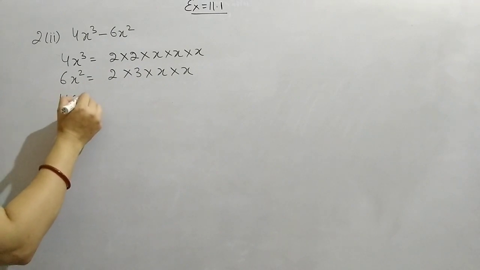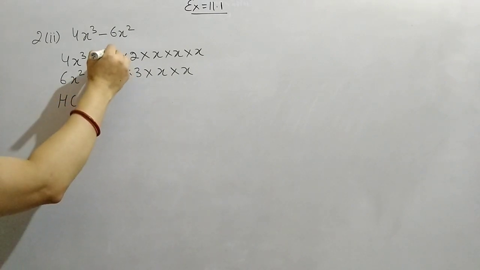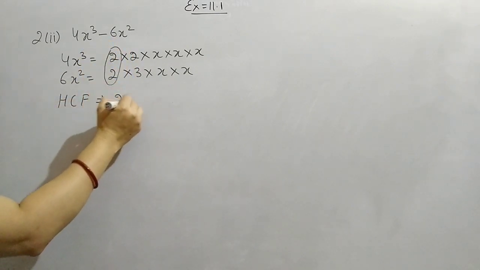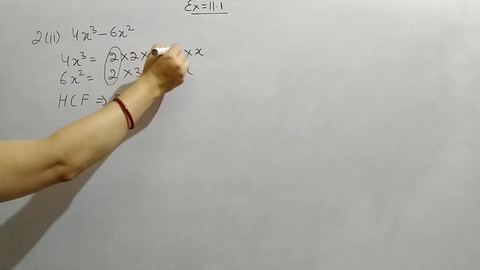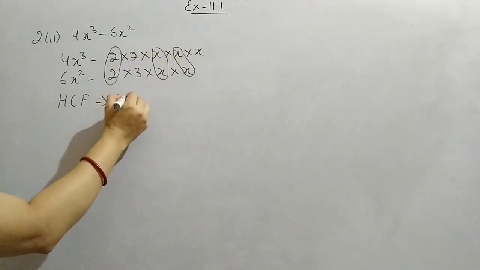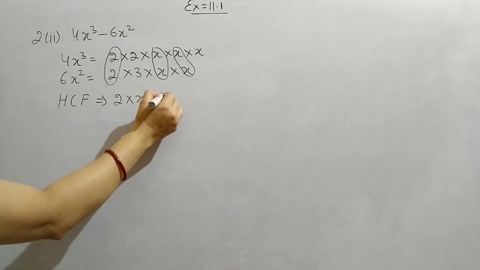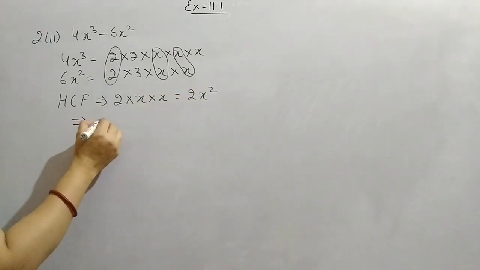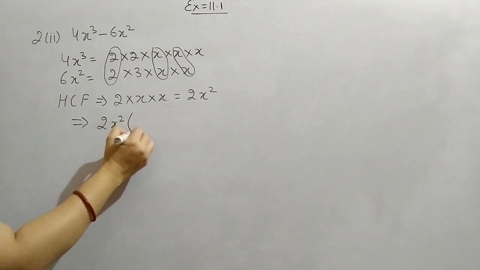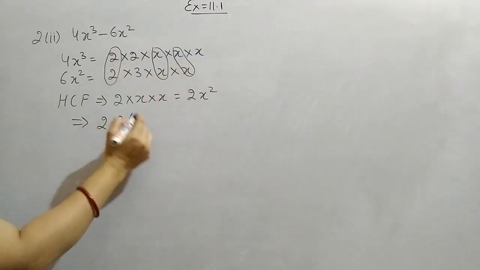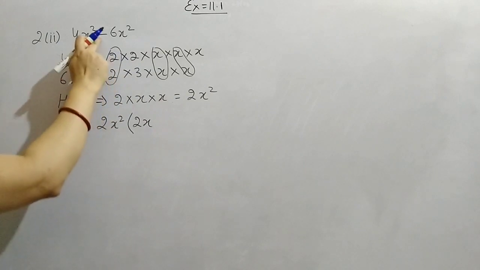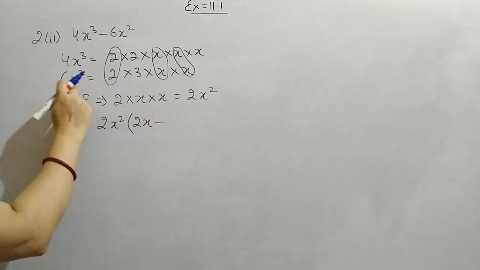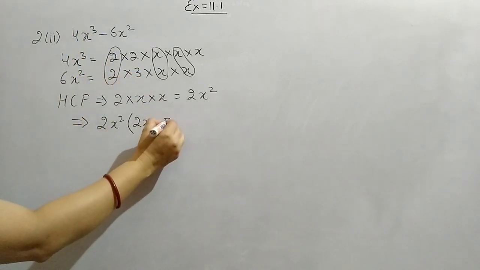Next thing we have to take the HCF. So one 2 is common and one x is common and one more x is common. So HCF is here 2x square. The factors will be 2x square is common here. Then from the first term 2x is left over. In between a minus symbol is there, and from the second term 3 is left over.